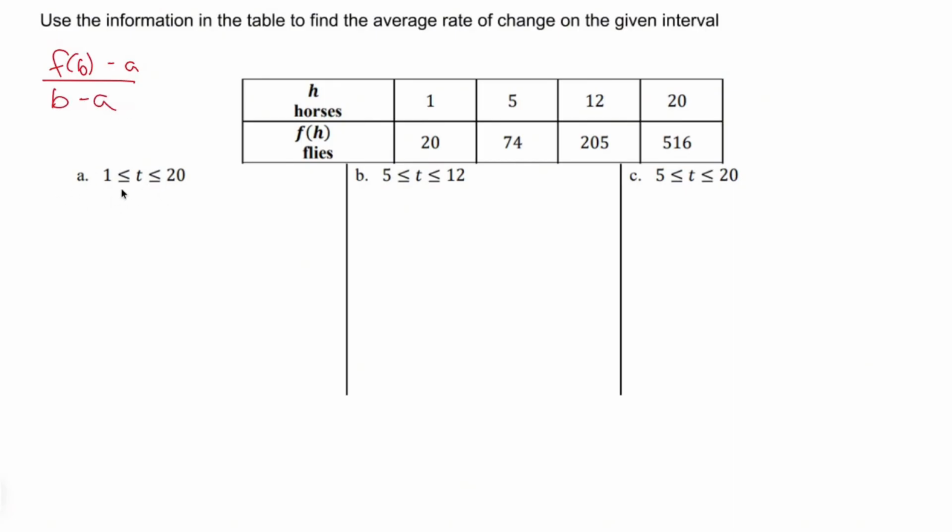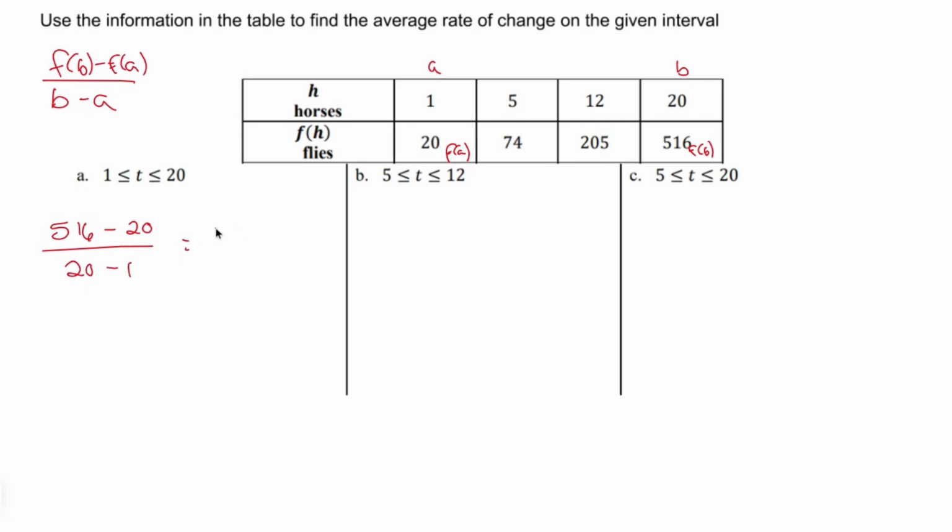So for a, we're going from 1 to 20, which means you would be my f of a and you would be my f of b. Okay, so f of b minus f of a would be 516 minus 20 over 20 minus 1.